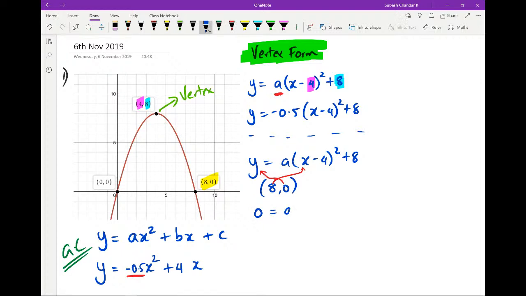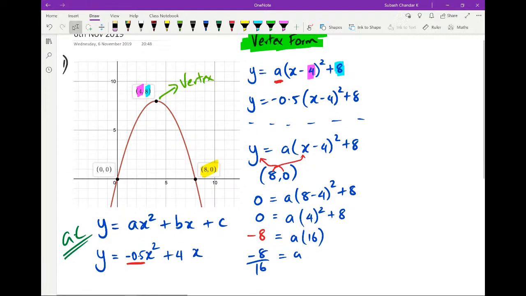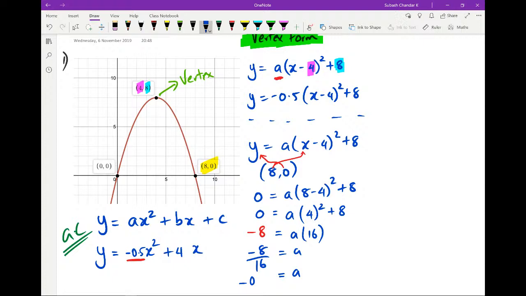So 0 equals a(8 minus 4) squared plus 8. So 0 is equal to a multiplied by 4 squared plus 8. If I take 8 to the other side, it becomes minus 8. What I've got is a multiplied by 16, and a is equal to negative 8 over 16. As you can see, this is still negative 0.5.